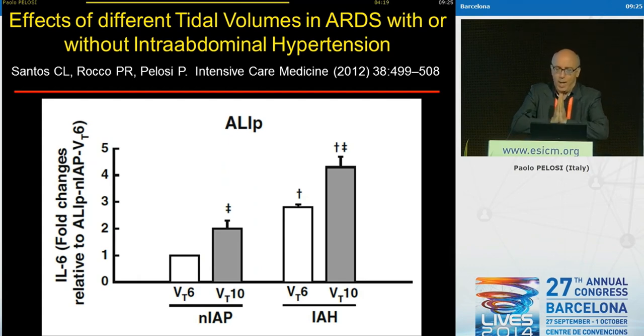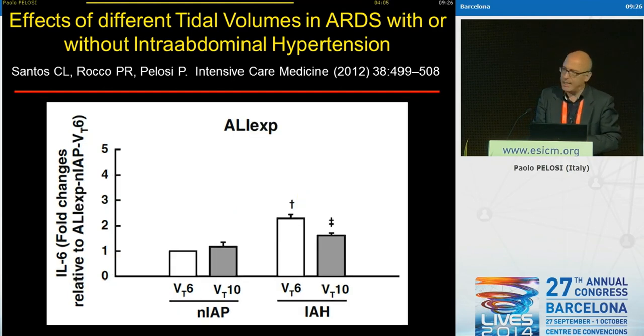So we use the excessive transpulmonary pressure in pulmonary RDS in presence of intra-abdominal hypertension. We found an increase in the lung damage, as observed here with an increase in interleukin 6 in the lung. On the other side, when we observed an increase in the atelectasis by using lower tidal volume and lower transpulmonary pressure in presence of a secondary lung injury, you can see here, this is just one example, a reduction in interleukin 6 and many other mediators in the lung.